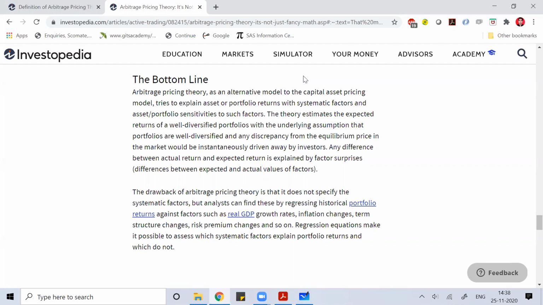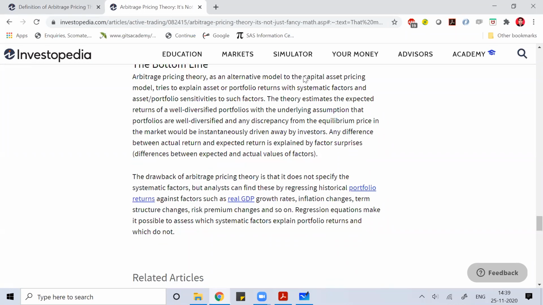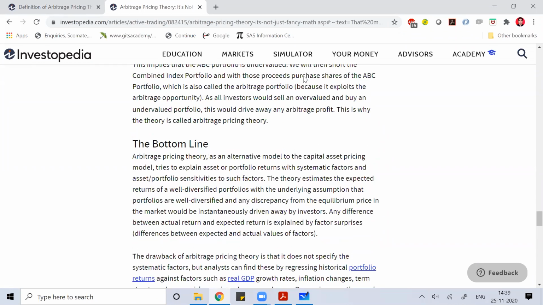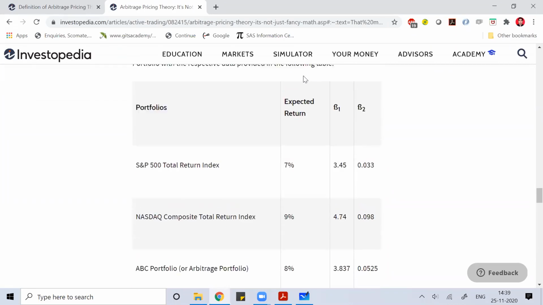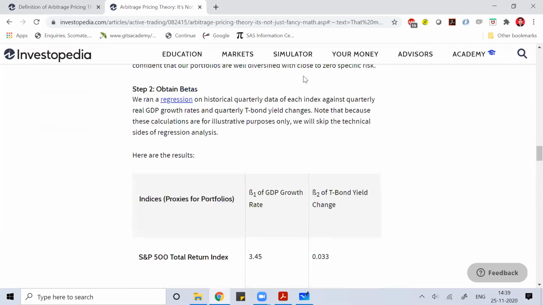So if we can use regression models and apply different regression equations, it is possible to access these different systematic factors, which can altogether help us calculate the portfolio returns, which may not be very easy to do using the CAPM model.